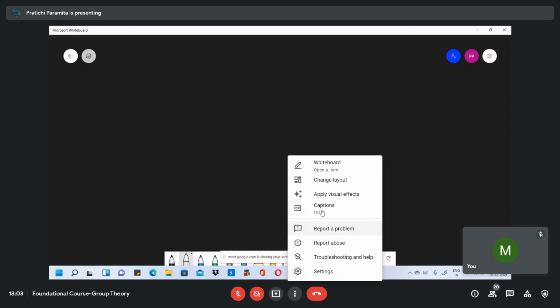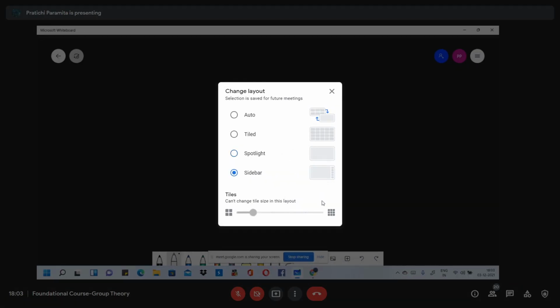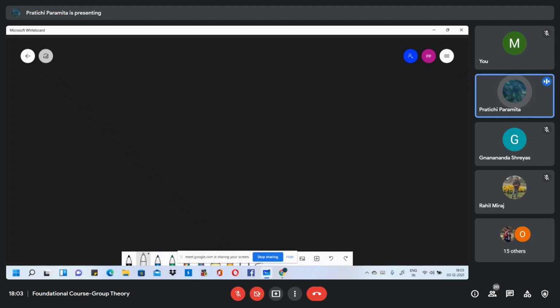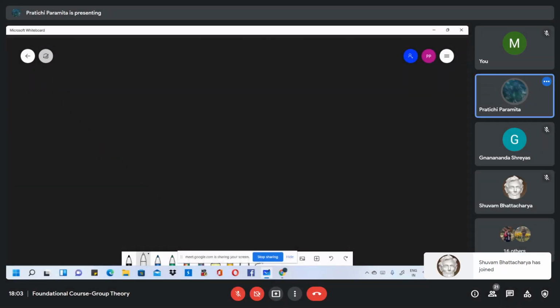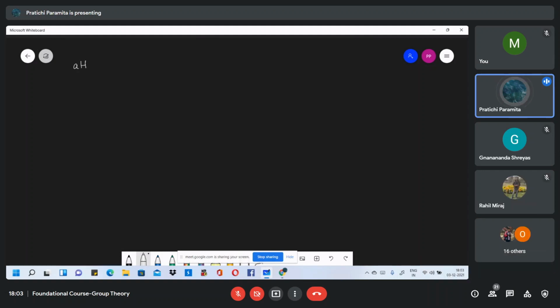So, basically, cosets we define as follows. Suppose H is a subgroup of G. We define left cosets of H: if a is an element of G, then aH is a left coset of H in G. And I hope you remember the equivalence relation: a is congruent to b mod H is an equivalence relation.